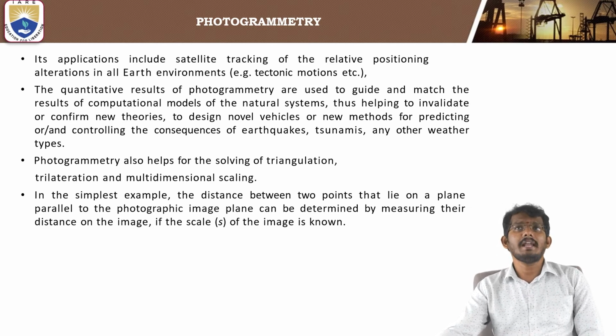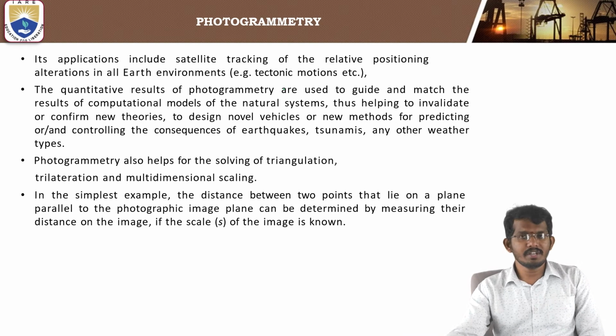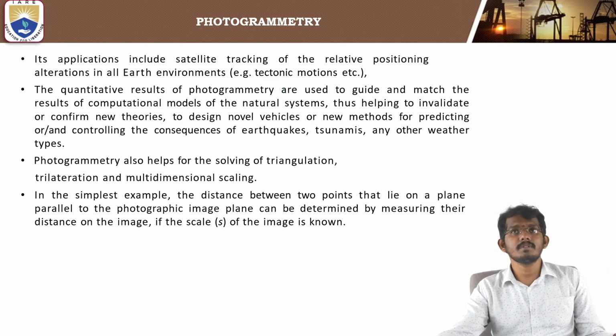Its application includes satellite tracking of relative position and alteration in the Earth's environment, like tectonic movements also. The quantitative results of photogrammetry are used to guide and match the results of computational models of the natural system, thus helping to confirm new theories and design novel methods for predicting or controlling consequences like earthquakes, tsunamis, and any weather types.